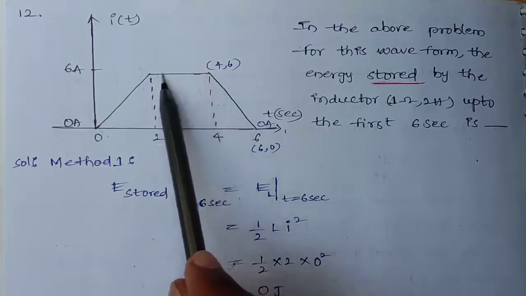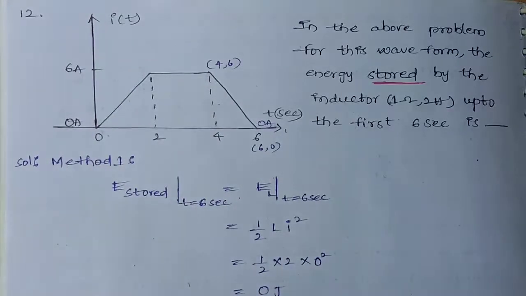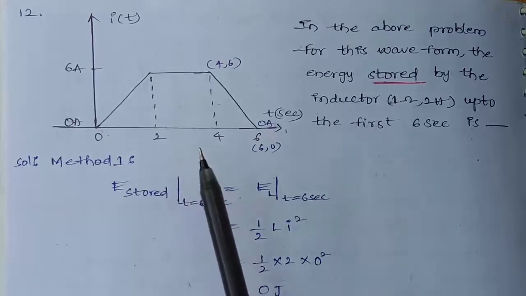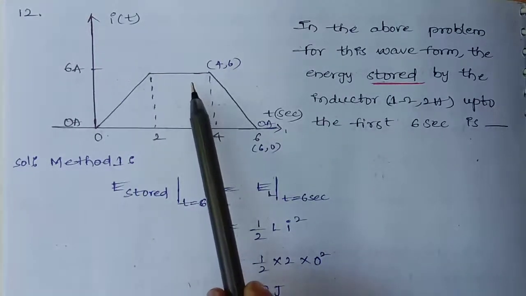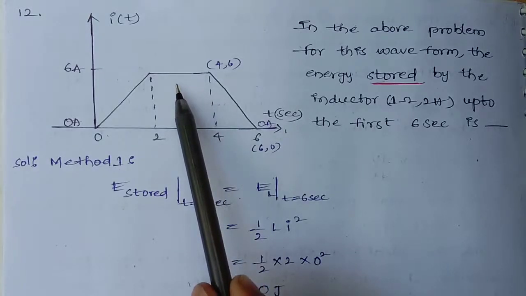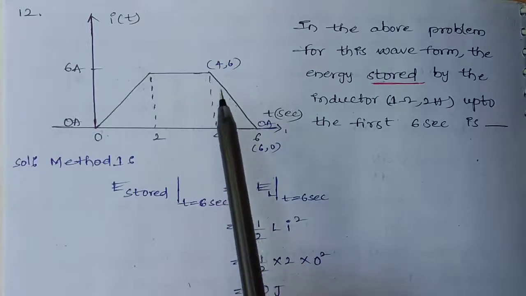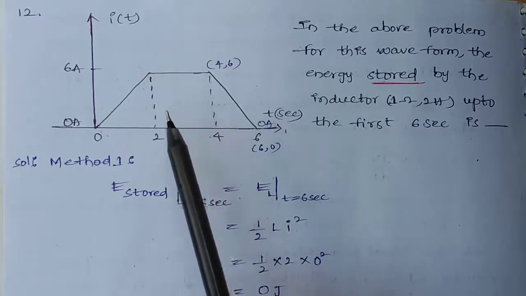Whenever the current through an ideal inductance part is constant, the energy stored by the ideal inductance part will become zero. We already discussed this point in the previous lecture.